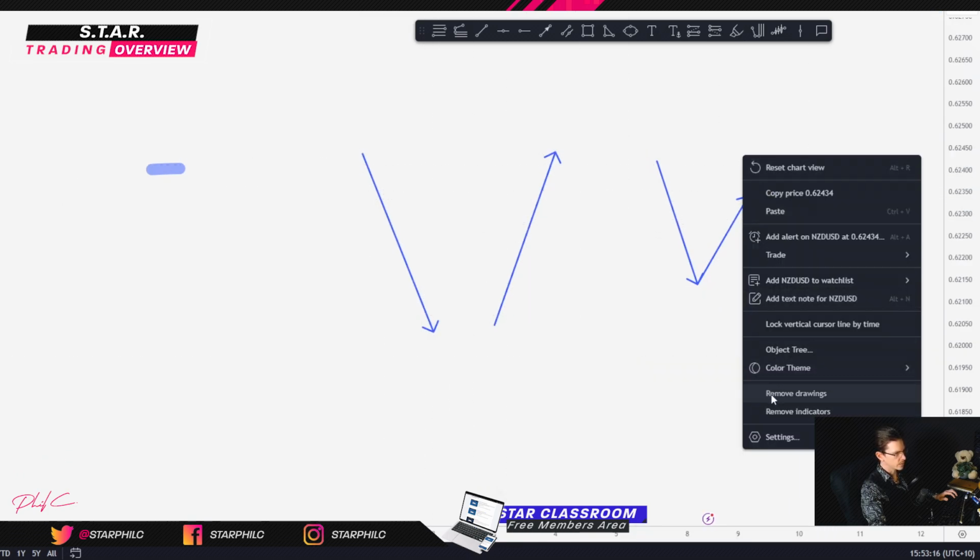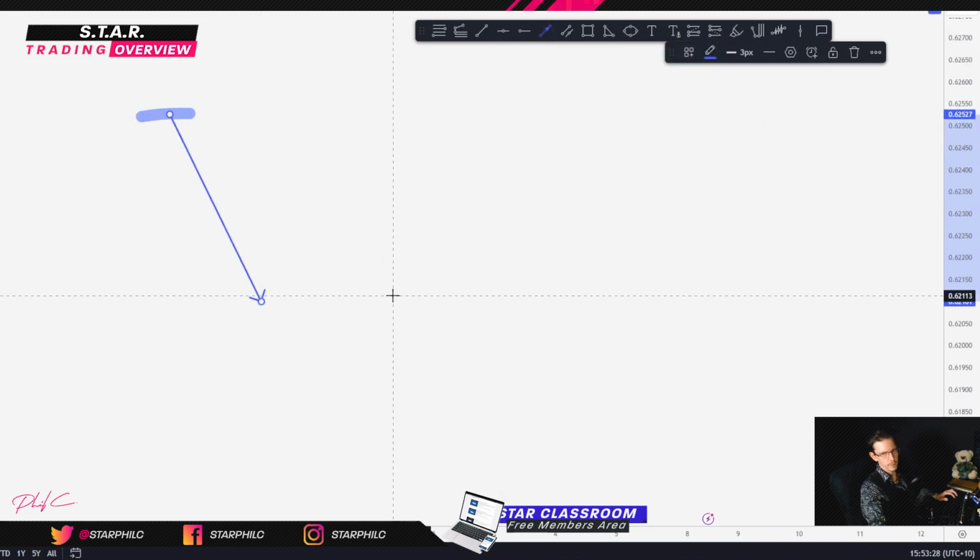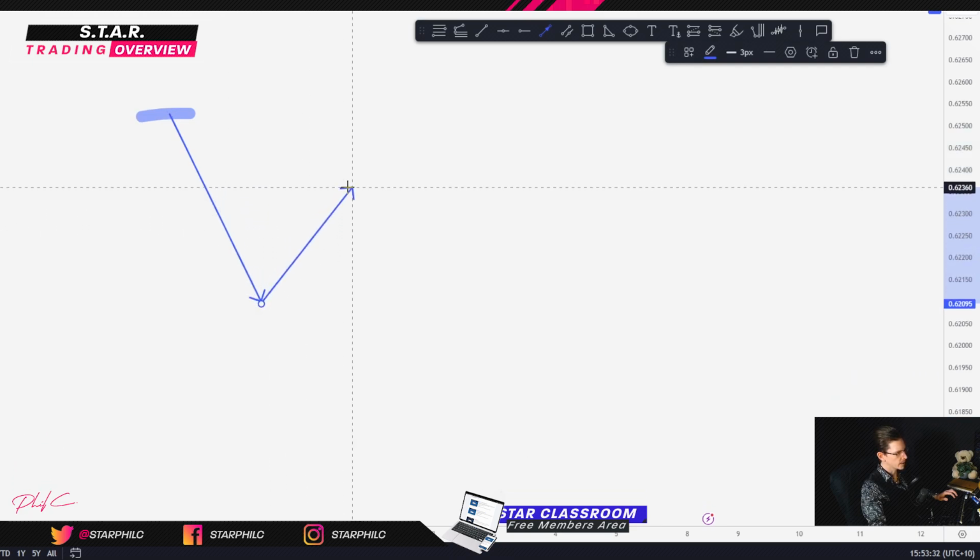Yes, we just remove all of that. And right here, we're looking at a bearish trend. So we have our starting point right here, and then we have an initial move towards the downside. Yes? Then we have price action pulling back, so we have a pullback here, and then we have price action coming all the way down to retest these lows.